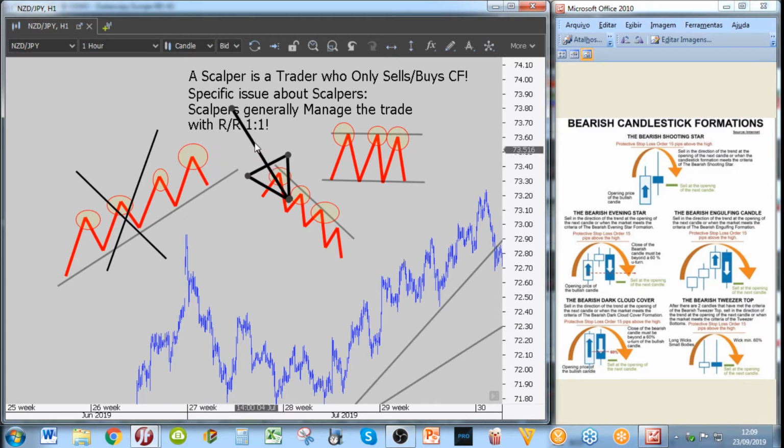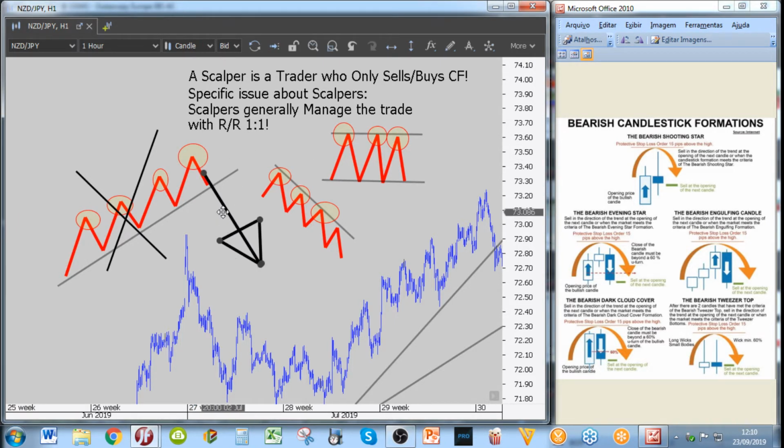And when the market is ready to fall, then you are going to see a bearish candlestick formation, and the market is going to push lower. In an uptrend with the bullish candlestick formation, the market is going to push higher. So a higher probability trade is going to be if you scalp in the direction of the short-term trend.